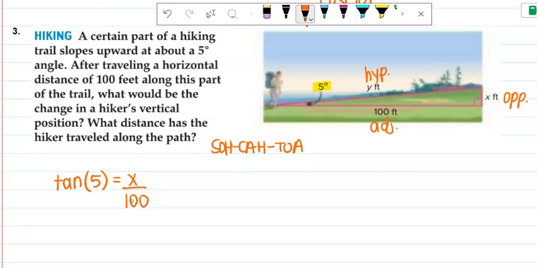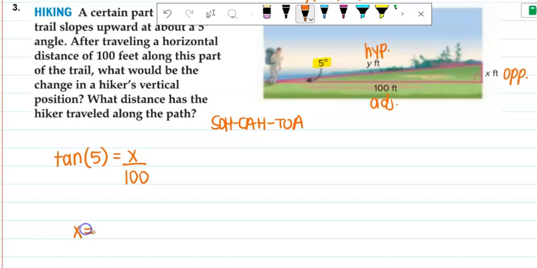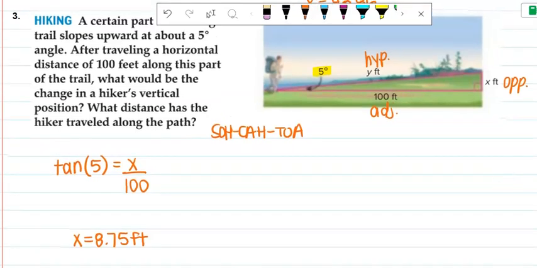Okay, then when we find x, I'll let you pause the video and try it. Our x ends up being 8.75 feet. But then we still have to find y. So you have some options here because at this point, now you have x.